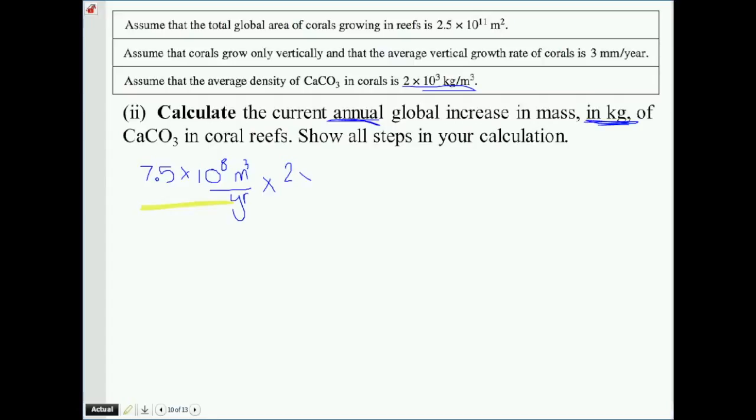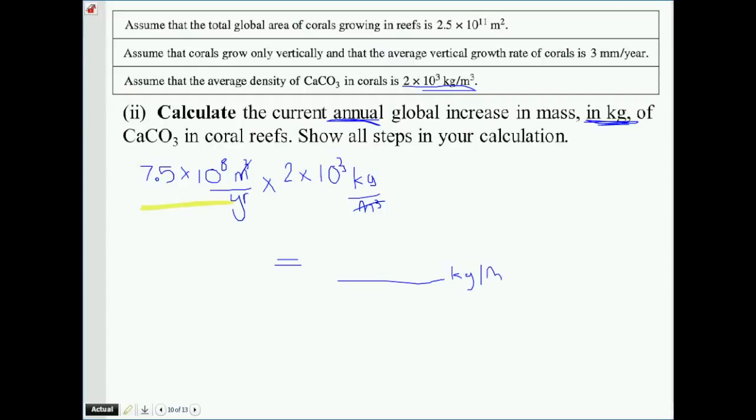If I put these together, I should be able to get rid of my meters units and just keep kilograms and years, which is what I want my answer to be in. So I'm going to lose my meters, which I don't want, and have an answer in kilograms per year, which I do want. And then I can just do my math.